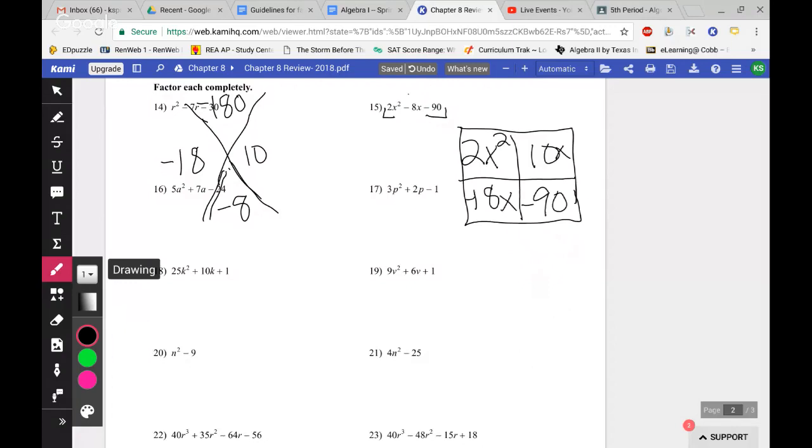Okay, so what can I factor out of 2x squared and 18x in this column here? That would be 2x. Yes. All right, so what can I factor out of the second column? 10.